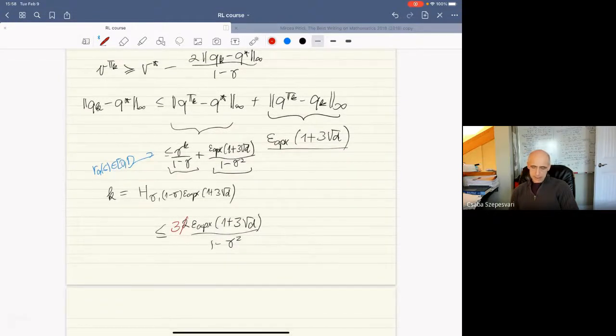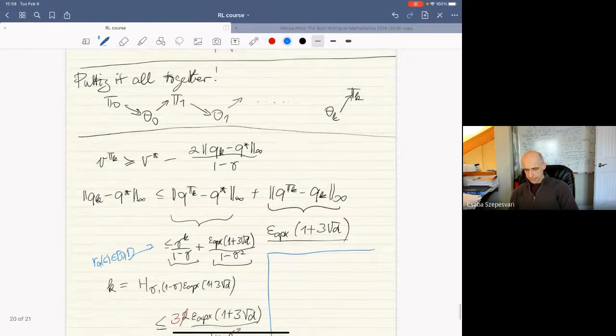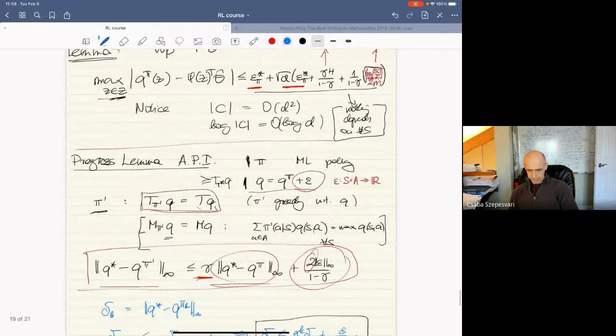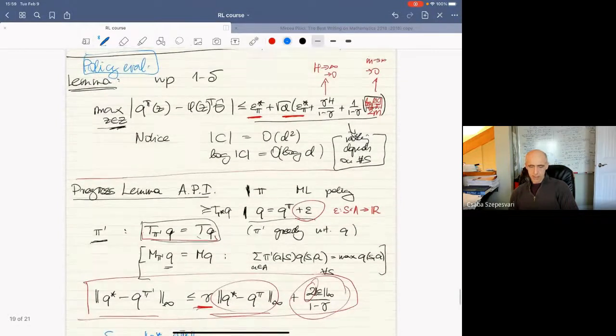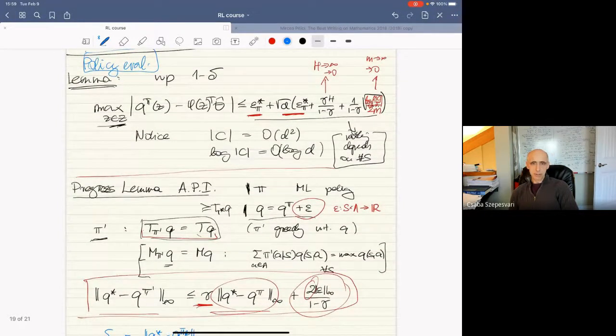So I was ignoring some little fact, and someone maybe can tell me what I was ignoring. It's related to using the policy evaluation lemma. How many times did I use this lemma in the argument?